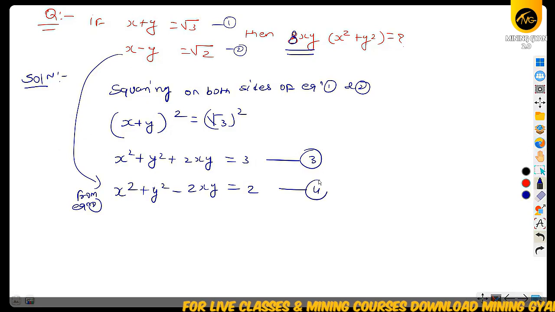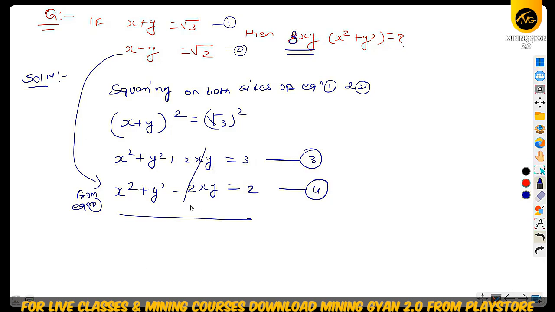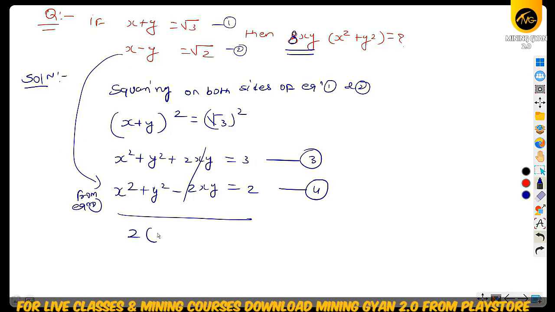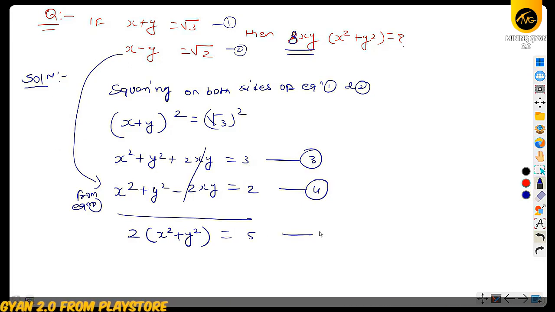So equation number 4. Now just compare equation number 3 and equation number 4. That means we can cancel out 2xy. So we have now 2 into x square plus y square is equal to 3 plus 2, that means 5. So this is equation number 5, correct?